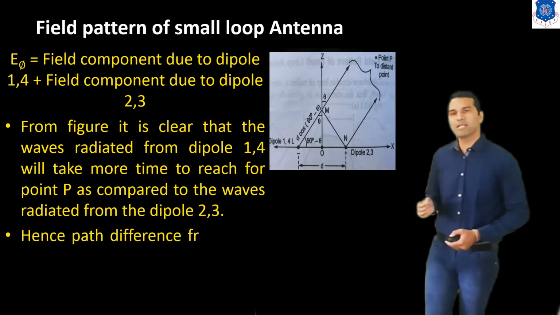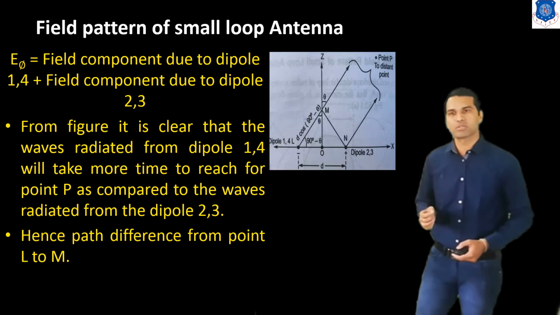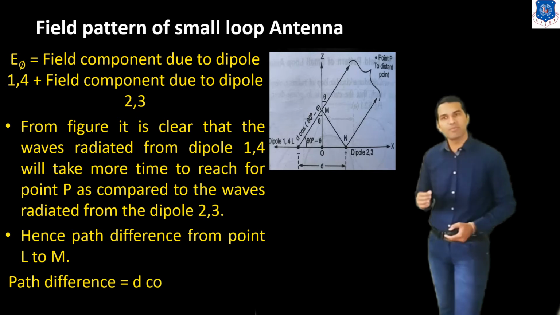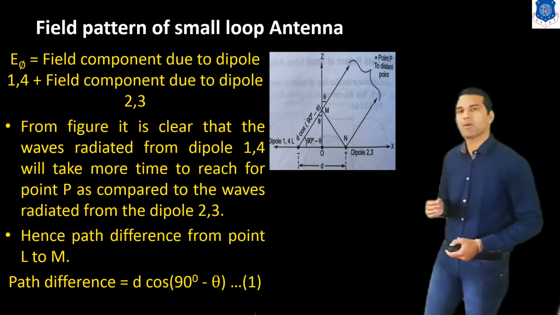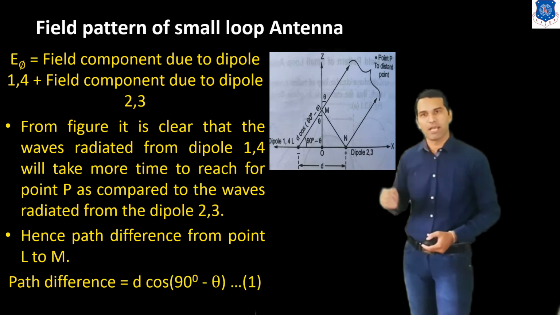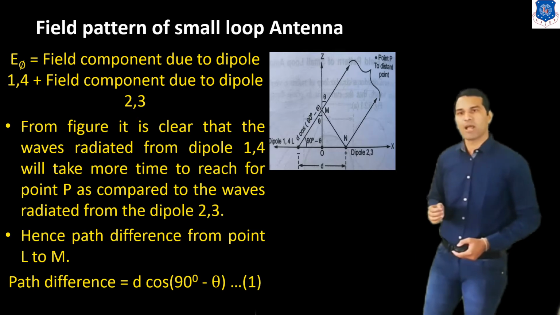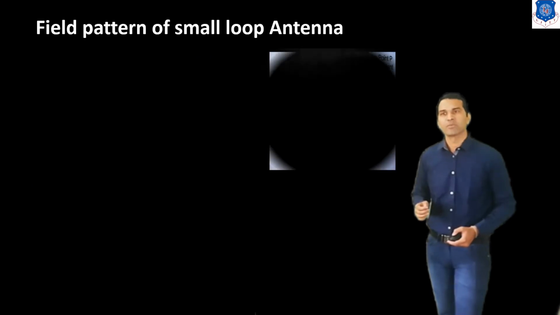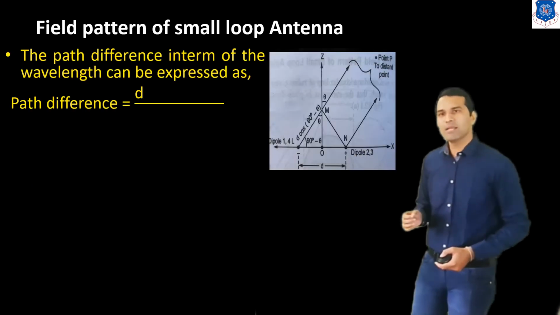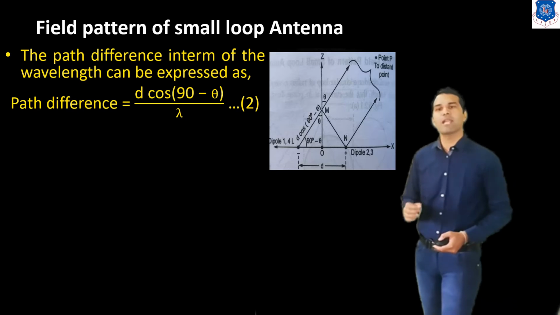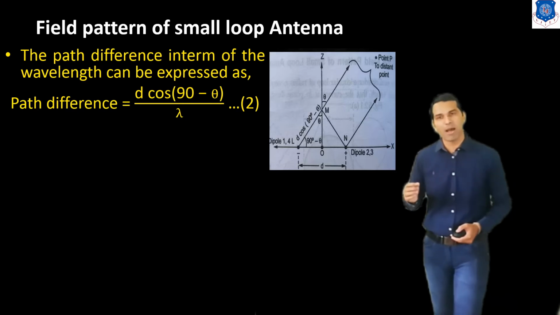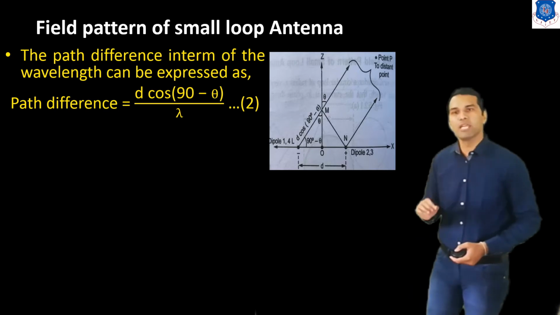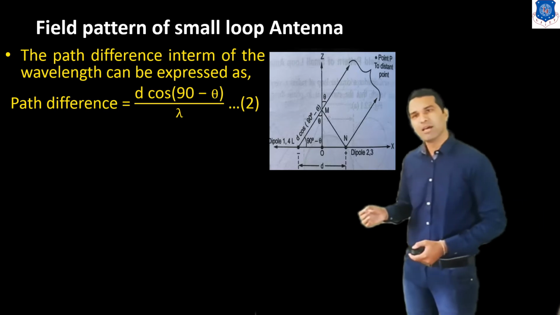Hence the path difference from point L to M we can write as d cos(90 minus theta), as we wrote in the array chapter. Now we express the path difference in terms of the wavelength: d cos(90 minus theta) upon lambda.